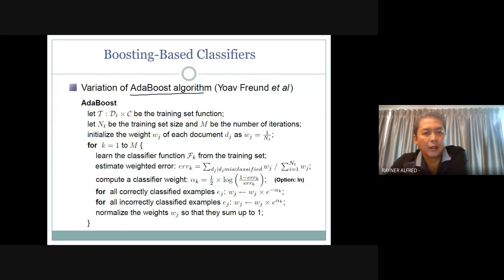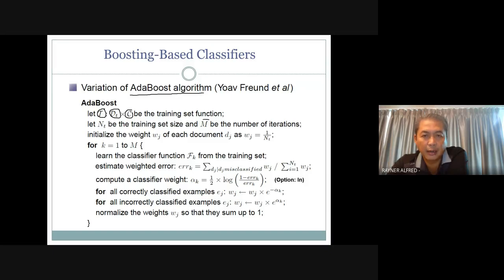Okay. So in your data, we have a training set function, a training function that will map the document and also the class label. Okay, and it says let n be the training set size and M be the number of iterations.